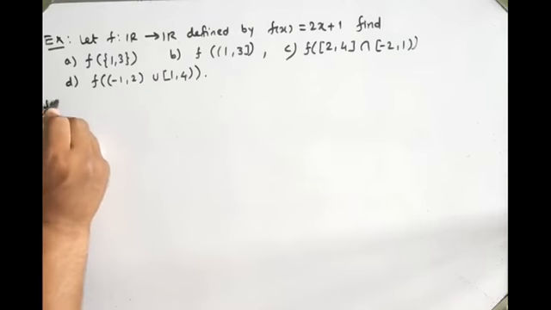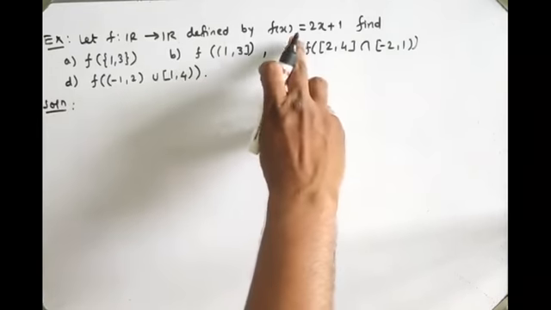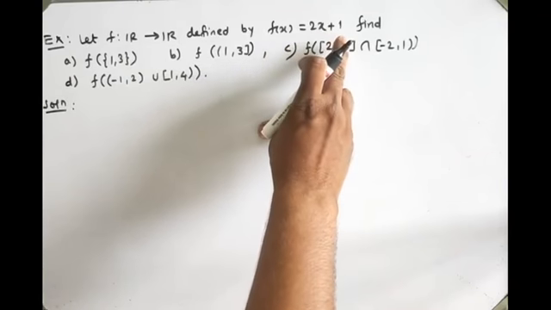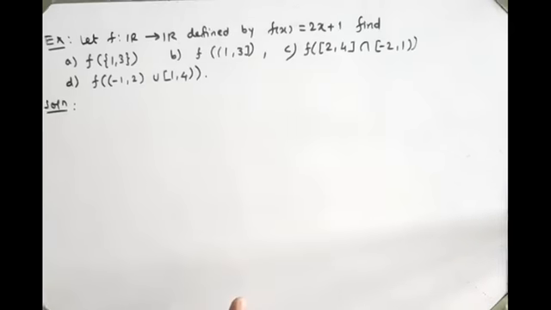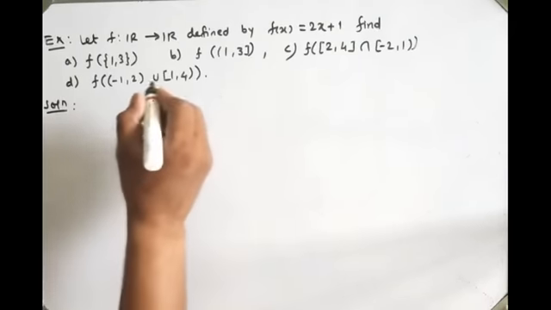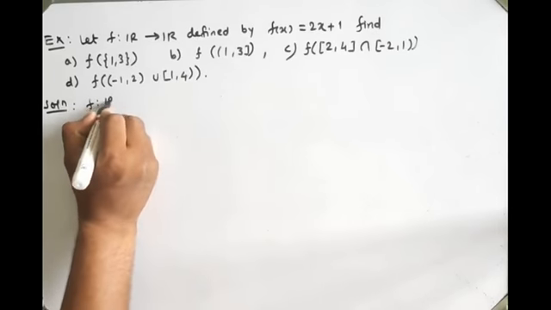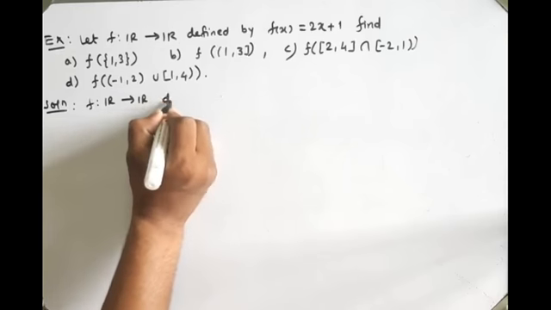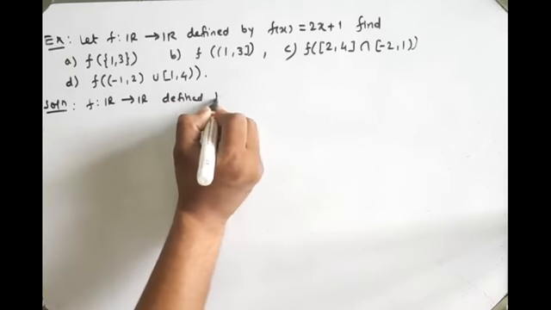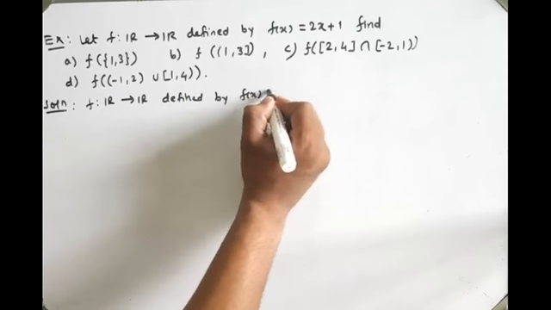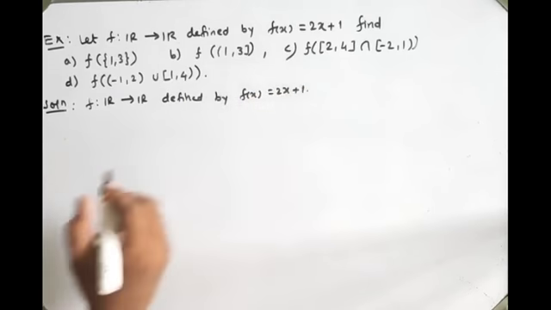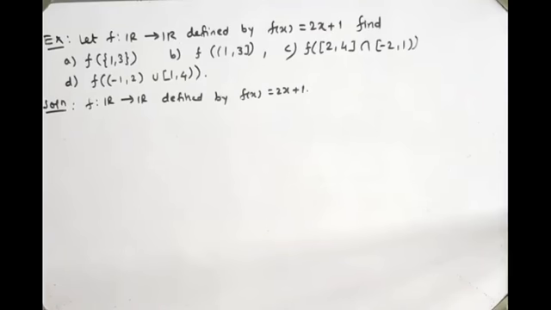Solution: what is the given function? Our function is twice x plus 1 and we have to find the image of a subset. So f is from real numbers to real numbers defined by f of x equal to twice x plus 1. What is the definition of image of a subset?